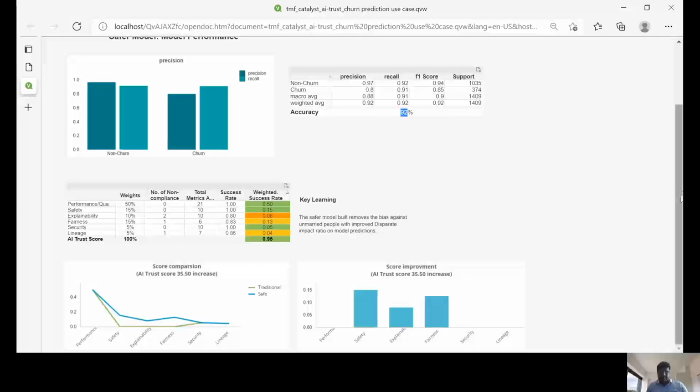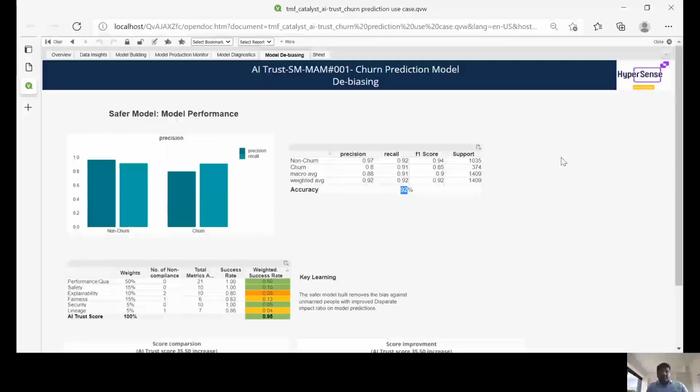So this is what we have gone through so far, that is, how you can build a trustworthy model. Now, what might happen is you might build a trustworthy model at the time of training. You can deploy it, and the model might perform well. But when you deploy the model, you basically want the model to start doing churn predictions on real world use cases.